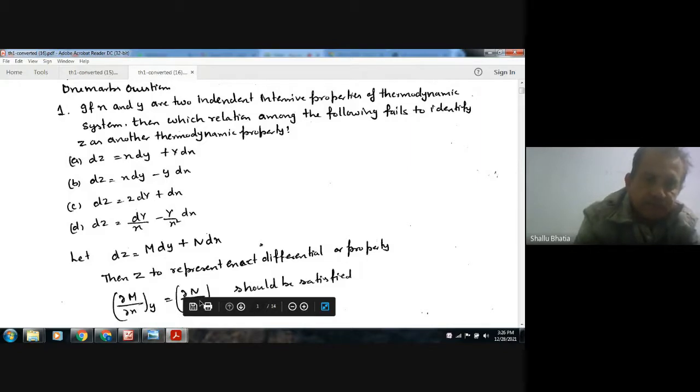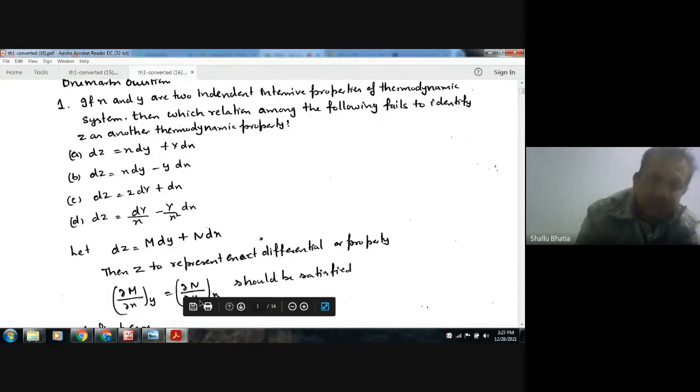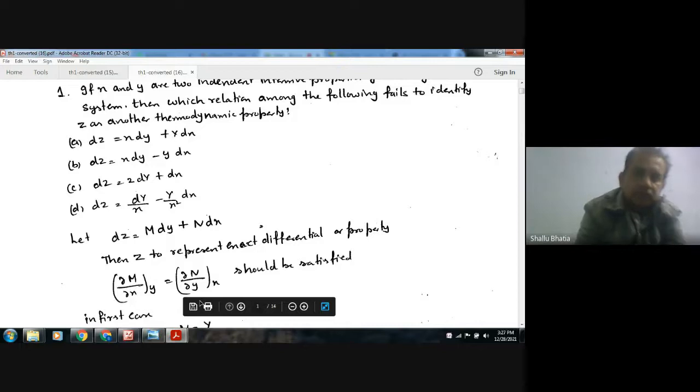Okay. So these are the options given, and we know that for z to be a thermodynamic property, dz is equal to M dx plus N dy. And if z is a thermodynamic property, then the partial of M with respect to y, x constant, should be equal to the partial of N with respect to x, y constant.